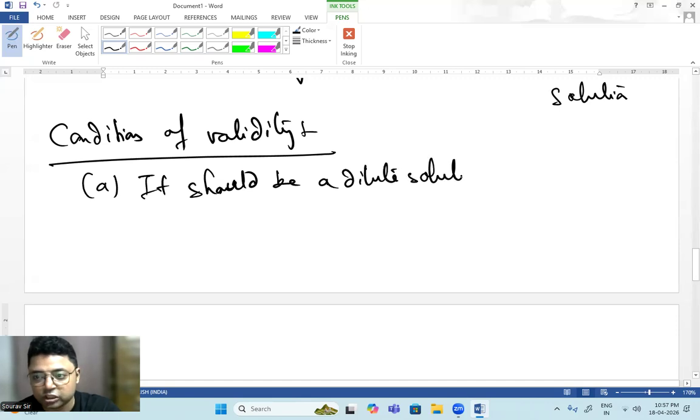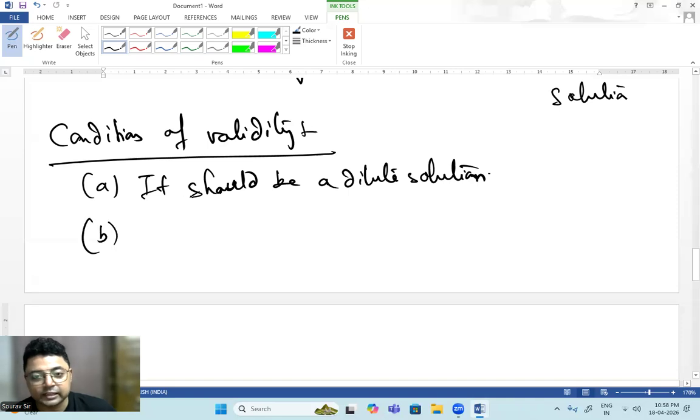If it is a concentrated solution, then it will not be able to distinguish between the hydrostatic pressure when it is building up and when it is not in the process of building. It's very difficult to identify if the solution is concentrated.